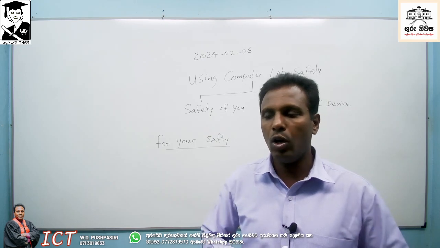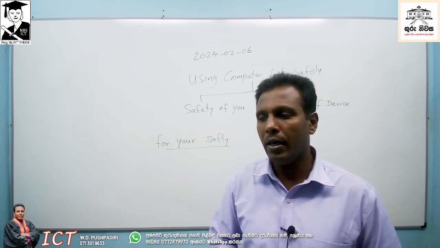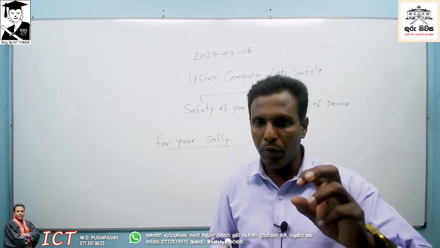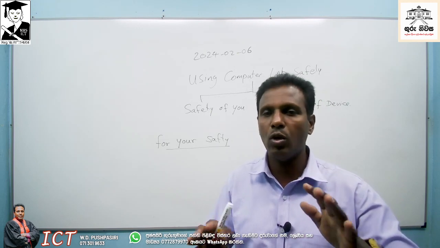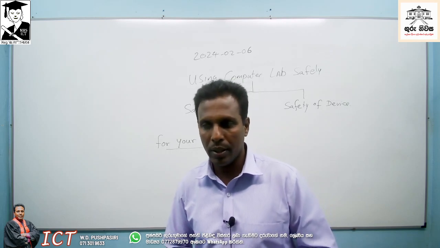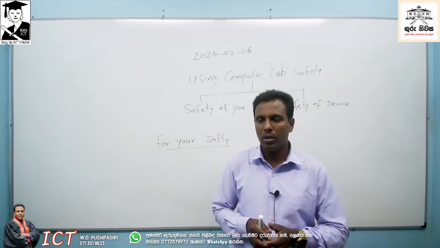If the wire or the socket is damaged, then you will be shocked by the electricity. So before you touch it, make sure there is no damage on the device, the wire or the sockets that carry the electricity. Spill water also.